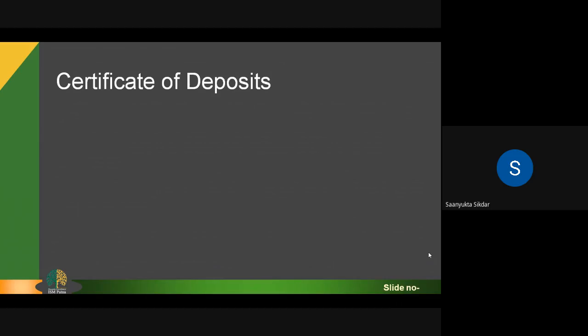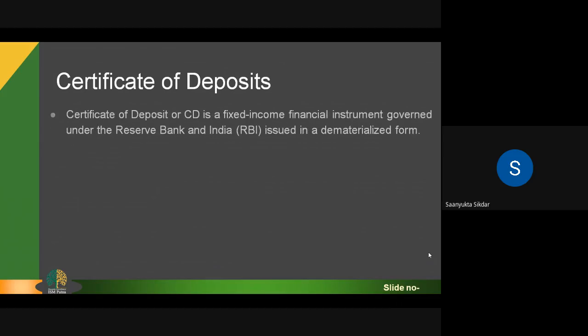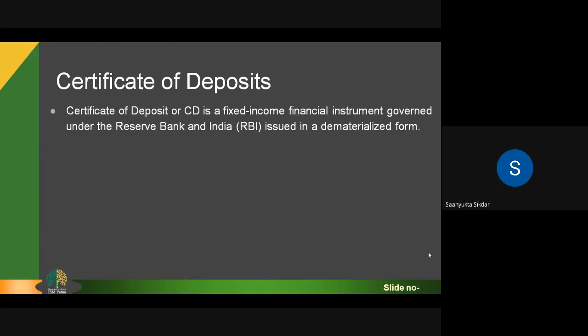The second category that we are going to talk about is certificate of deposits. Now, what are certificates of deposits? Certificate of deposit is also written in short as CD. It is a fixed income financial instrument governed under the Reserve Bank of India (RBI), issued in a dematerialized form.